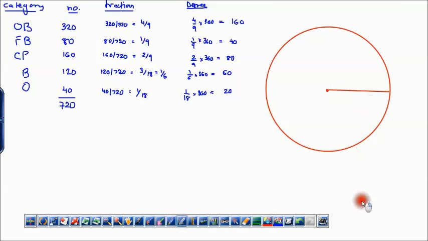Take the protractor, so you have to keep the protractor like this and draw 160 degree. Remember, this is your 0 degree where you start and you have to travel in this direction.